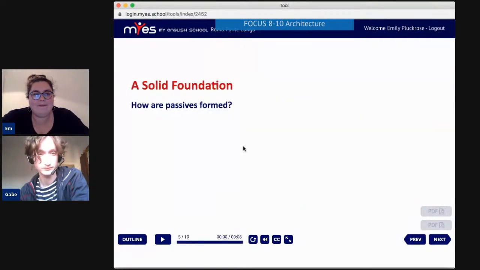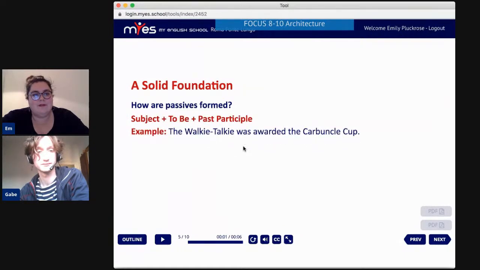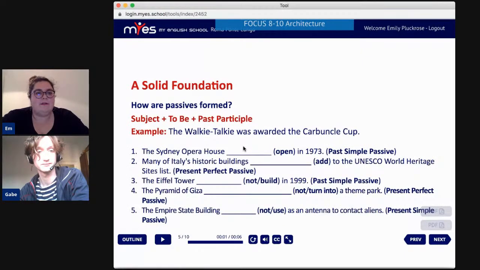Okay, how are passives formed? Subject, to be, past participle. These are the two things which we have in every single passive verb.